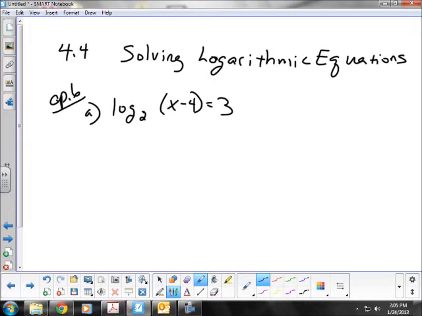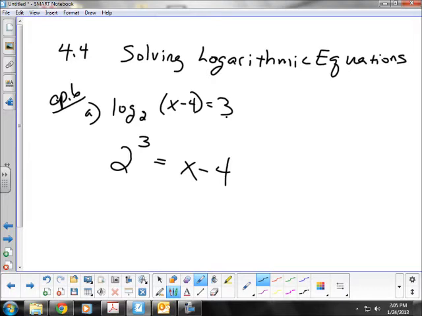So it says to us that the base, which is 2, raised to the answer to a log problem, which is 3, is equal to the argument x minus 4. The base raised to the answer of the log problem is going to be equal to the argument of the log problem.